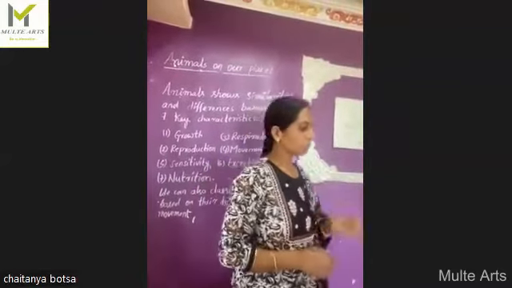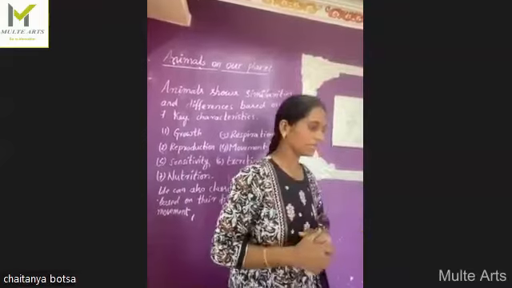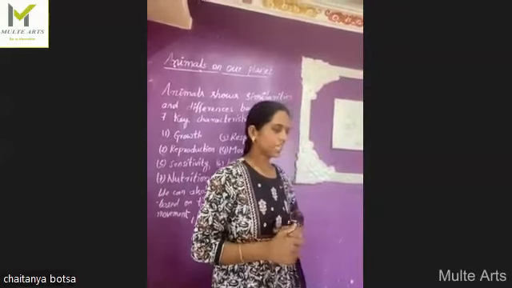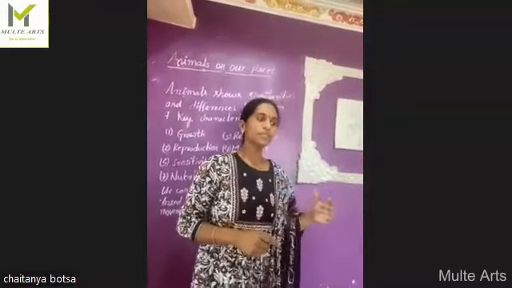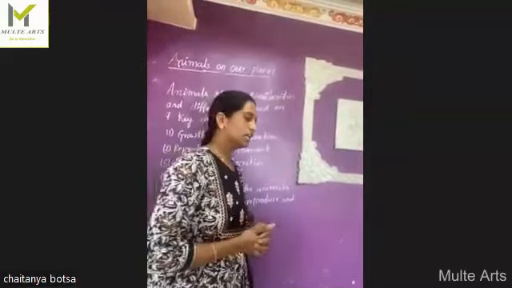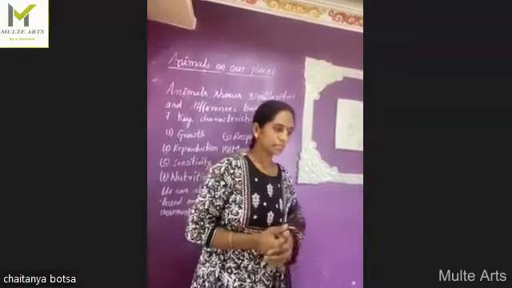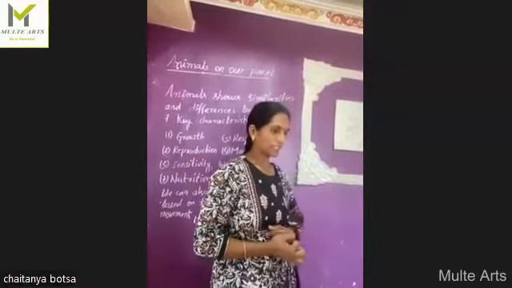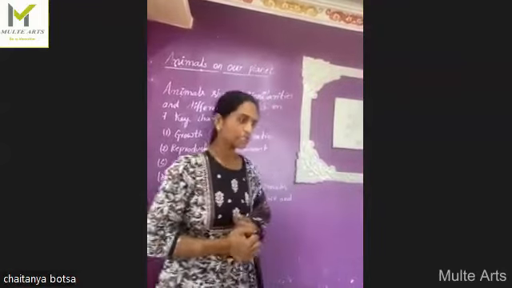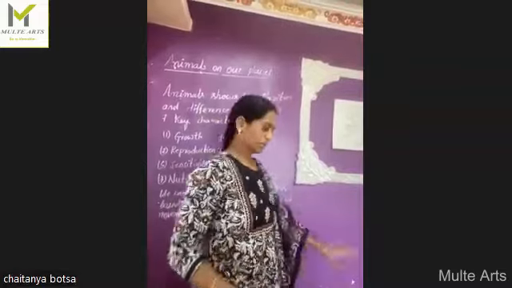Animals which eat only the flesh of other animals, like lion, tiger, cheetah, fox. These animals come under the carnivores. And next one is the omnivore. Omnivores are animals which eat both plant products and animal products. For example, dog, cat, bear. These animals come under the omnivores.